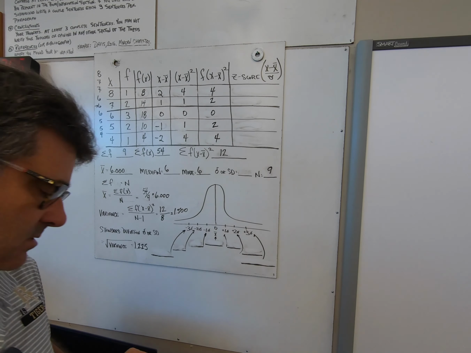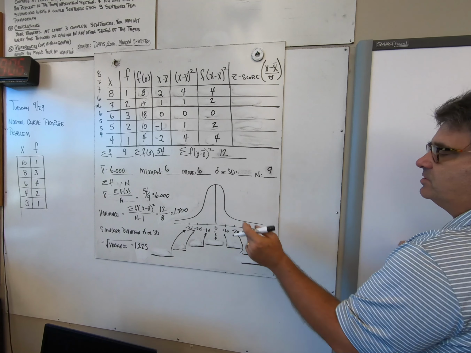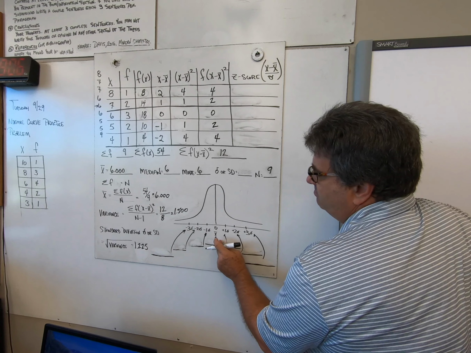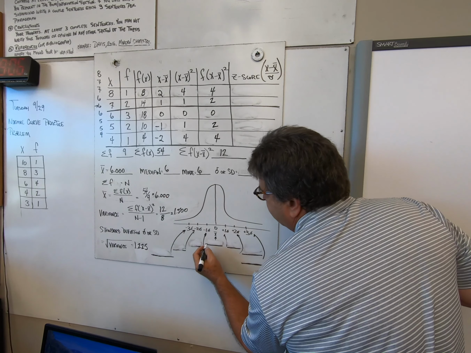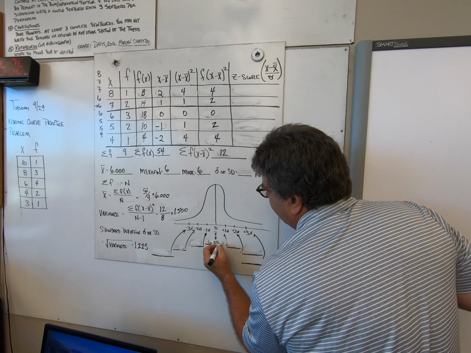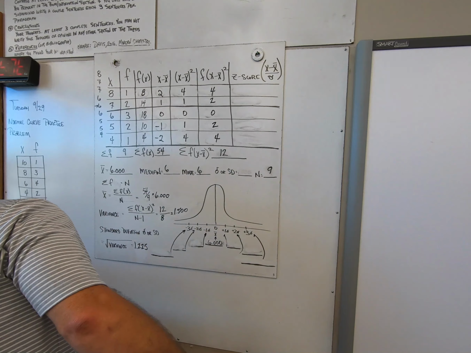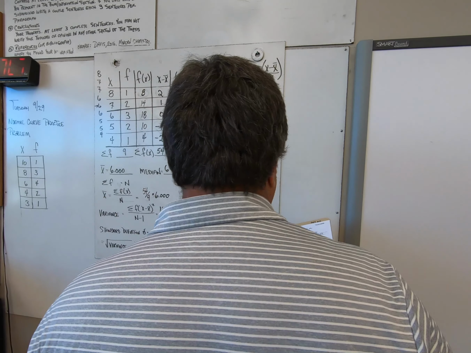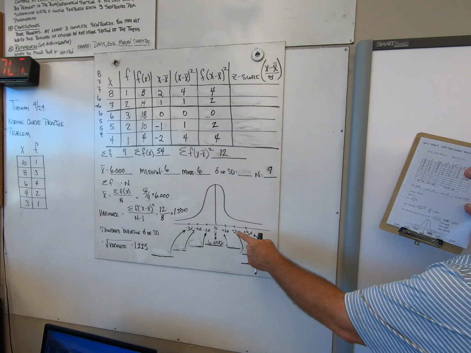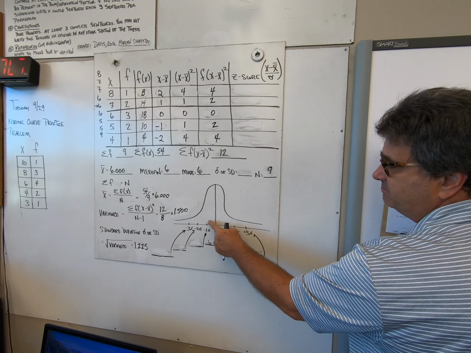Now, we can fill in this grid. This is the normal curve grid. Right in the very middle is the mean. Our mean is 6.00. I'm going to get my cheater sheet over here so you don't have to sit and watch me punch numbers all day. To get to this point right here, this is one standard deviation above the mean.